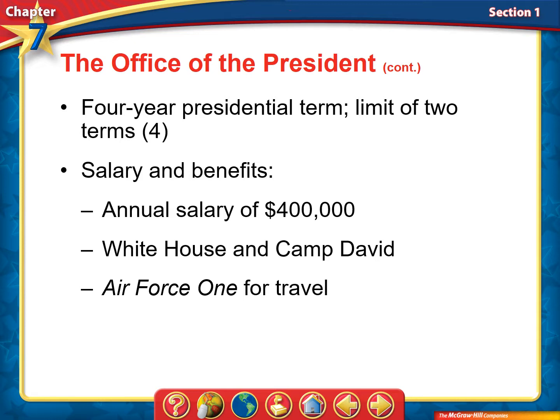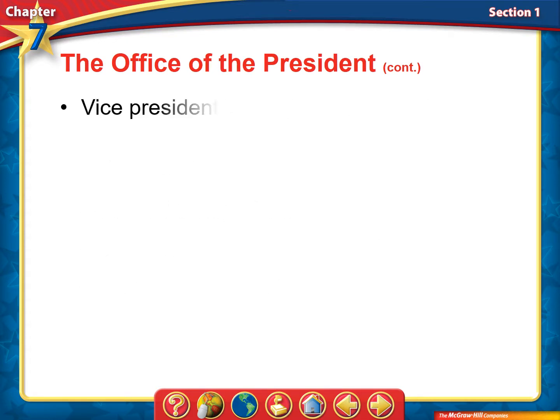But also in the event of an emergency, if there's a threat to Washington, D.C., the president goes up in Air Force One. And it's always accompanied by fighter jets. It is a part of the branch of the United States Air Force. So anyway, those are some of the benefits that go along with the president.